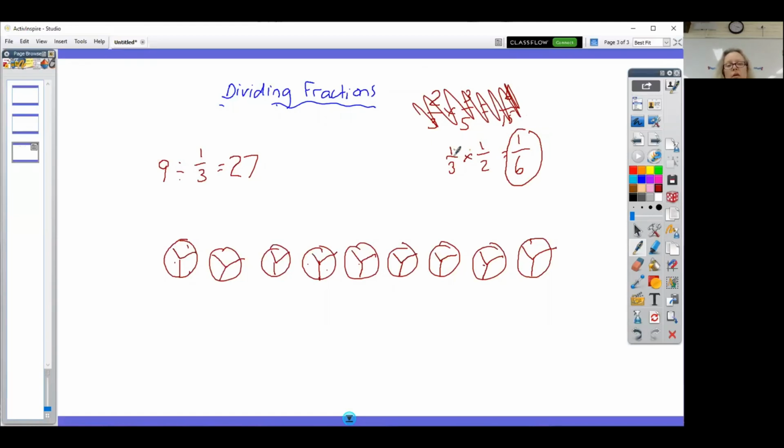If you're multiplying numbers like 2 times 5, you end up with an answer that's bigger than either of them. When you're multiplying fractions, you're finding part of a part, and you end up with a smaller part. And when you're dividing fractions, you're breaking up your wholes into bits, so you're going to have lots of bits, like 9 divided by 1/3. So the answer when you divide fractions is always going to be bigger than either of the things you start with.